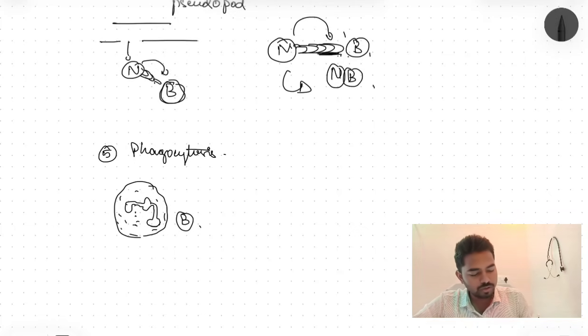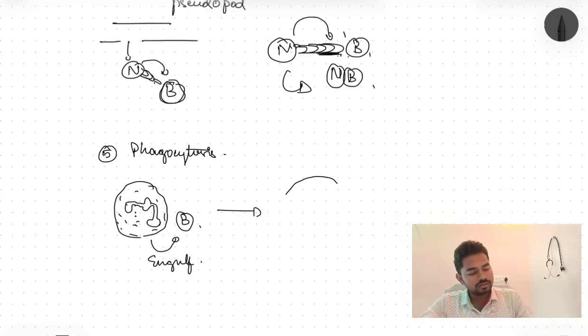It should phagocytose. For phagocytosis, what happens? When this neutrophil engulfs this bacteria, it will look like this.